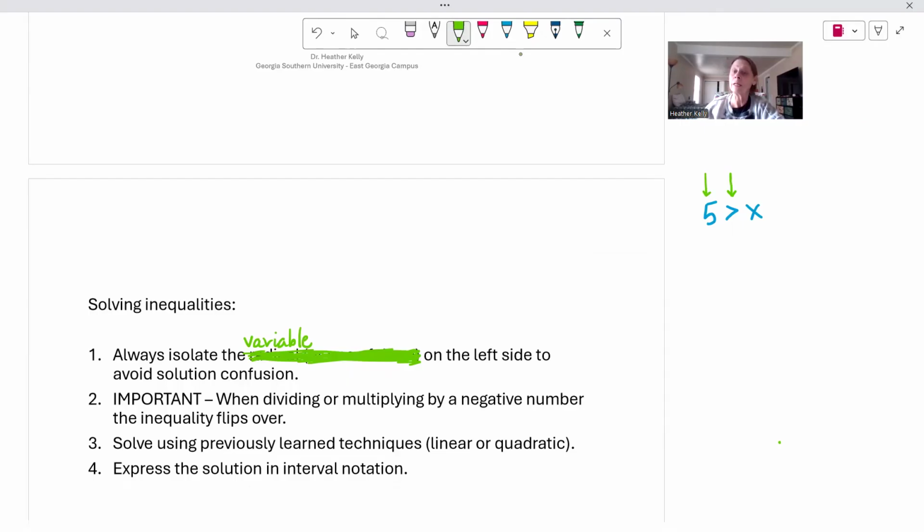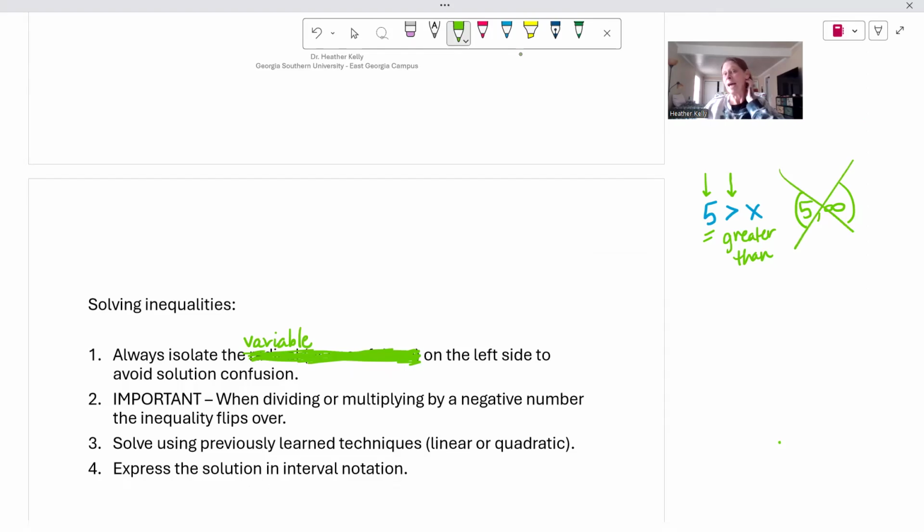And so a lot of times I will find that someone will write 5 to infinity because this is greater than, and they see the 5. Okay, that is wrong.